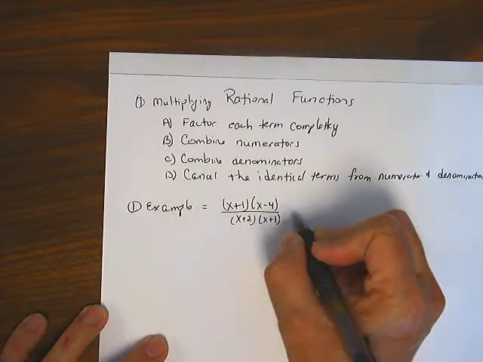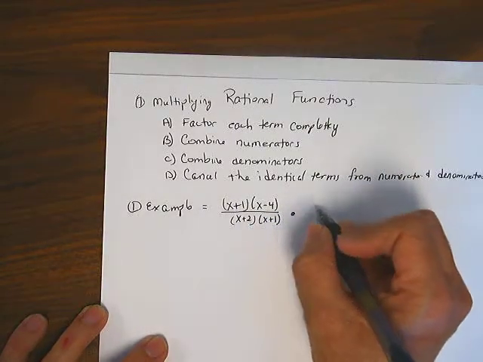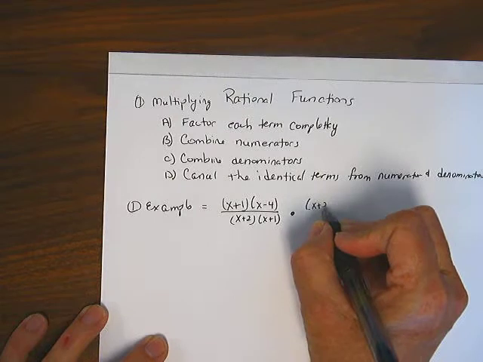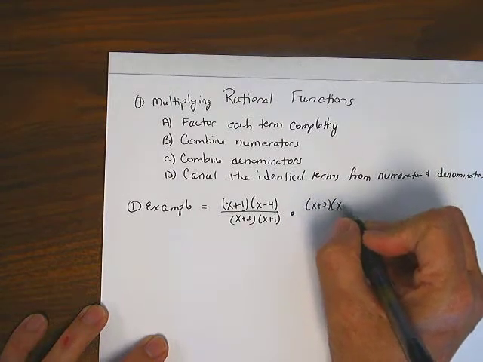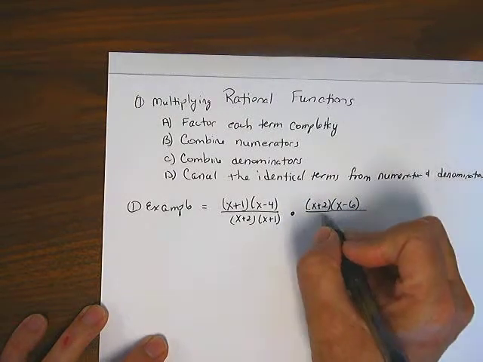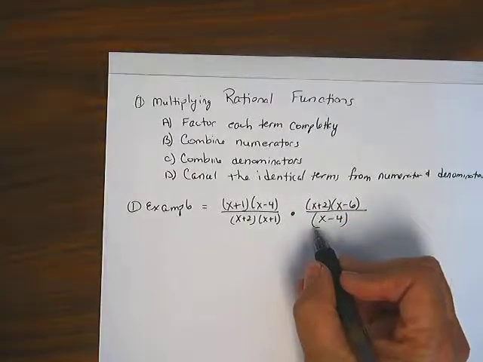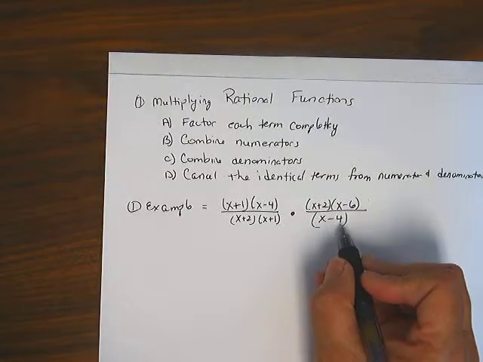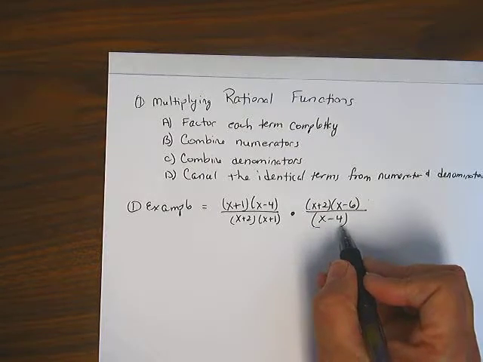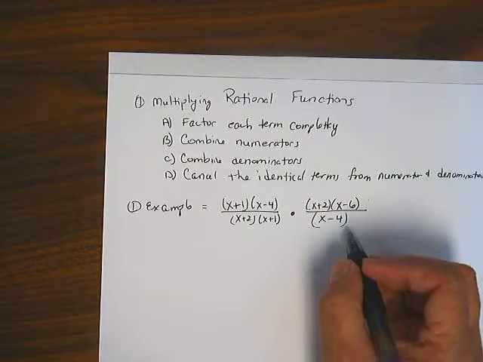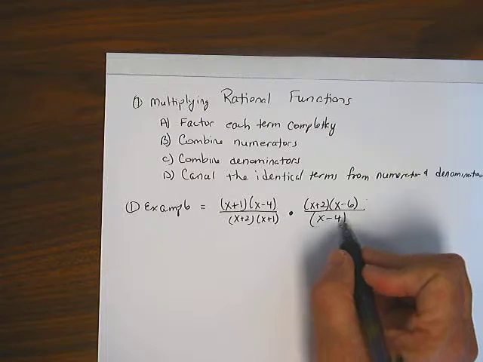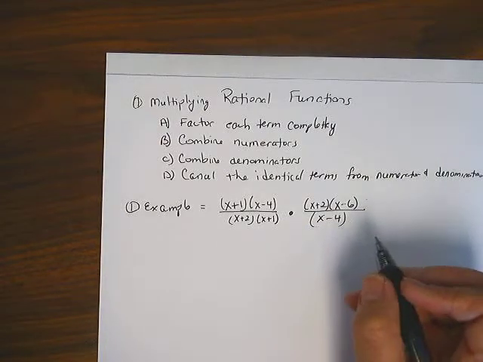And this whole fraction we want to multiply by x plus 2, x minus 6 over x minus 4. Now typically we don't put parentheses around something when it's the only thing in the numerator or denominator, but we assume it's there when we're multiplying them. So go ahead and put parentheses around this.